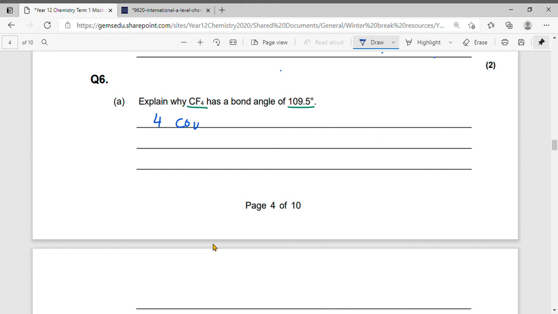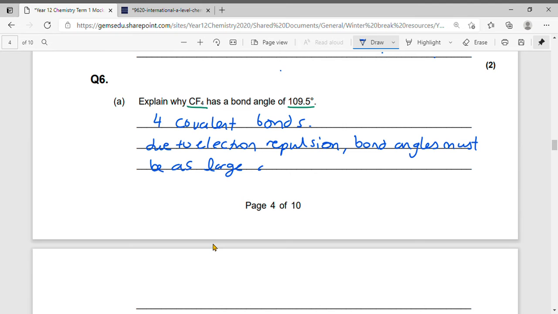Explain why CF4 has a bond angle of 109.5. 4 covalent bonds. Due to electron repulsion, bond angles must be as large as possible.